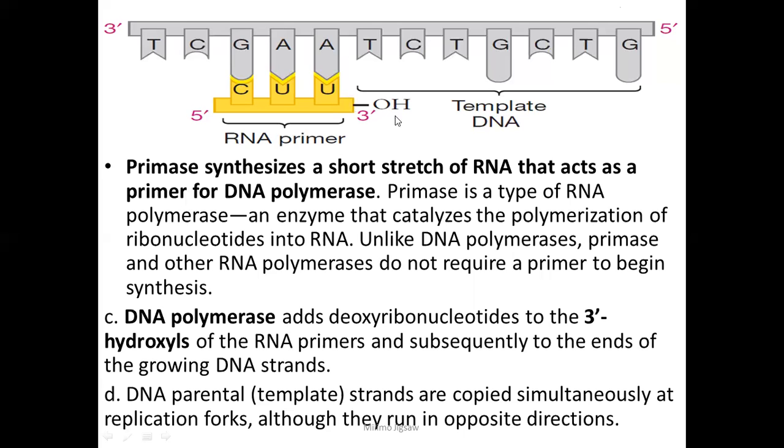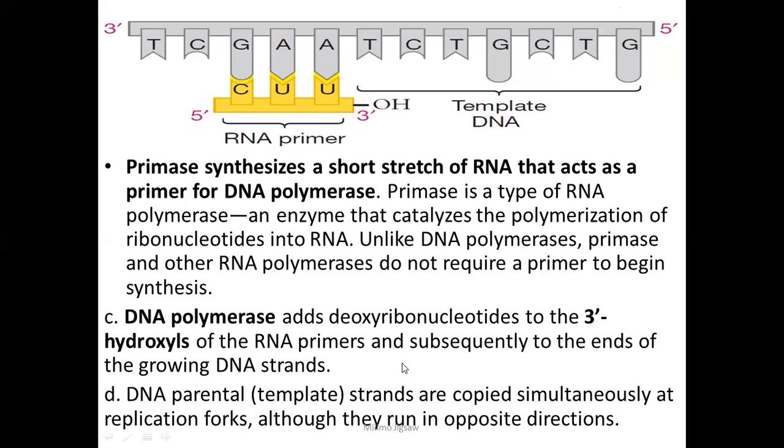That makes it possible for the phosphodiester bonds to form. So this is the RNA primer, which primase will synthesize. Then the DNA polymerase will add the nucleotides at the 3' hydroxyl of the RNA primer, and subsequently to the ends of the growing DNA strand, just continuing to add at the 3' end.